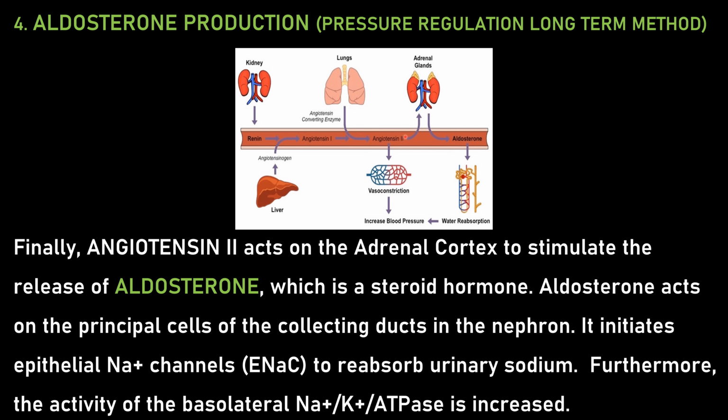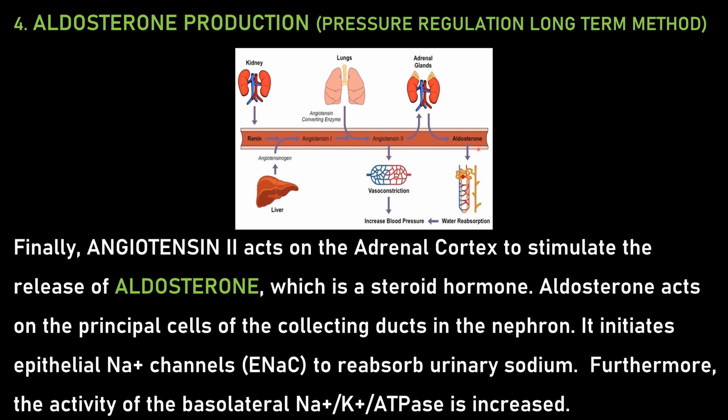And now we are talking about the long term, the next steps. See, finally angiotensin 2 acts on the adrenal cortex, which is situated on top of the kidney, and stimulates the release of aldosterone, which is a steroid hormone.